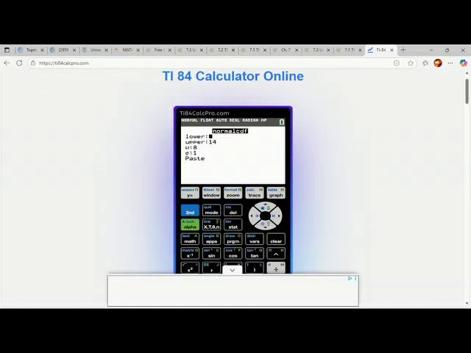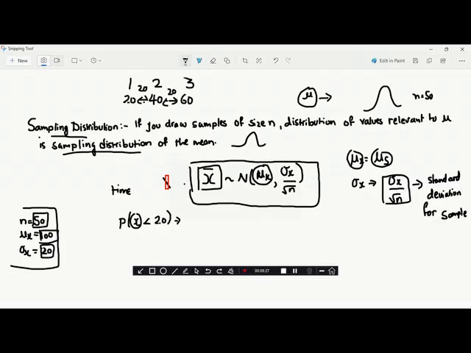And we're going to now type in the lower value. We'll need a lower and an upper. So we'll go back over here and check what the lower value is. Because x is less than 20, the lower value starts at 0. It could be a negative value, let's say negative infinity, or it could be 0.